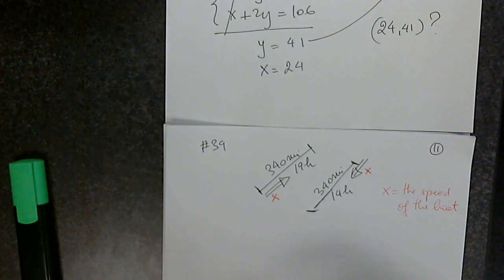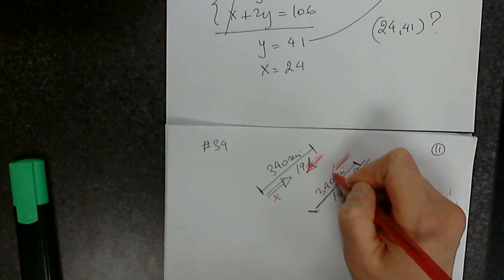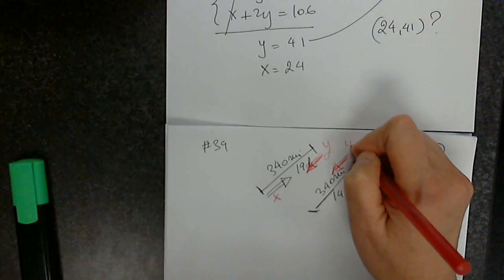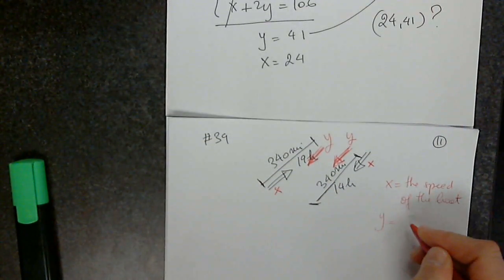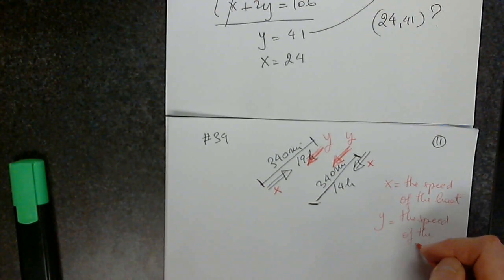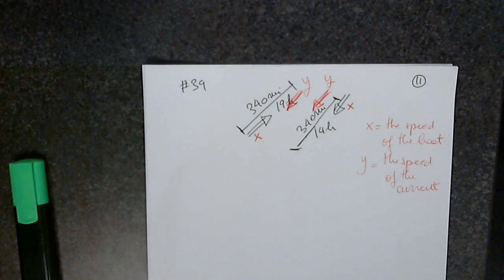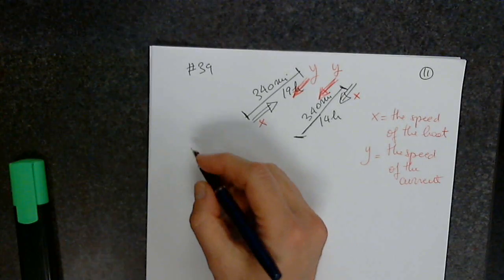In one direction. Very good. So this will be y, and by y we denote the speed of the current. Excellent. Good. How many variables one more time? 2. How many equations then? 2. Good, I'm ready.